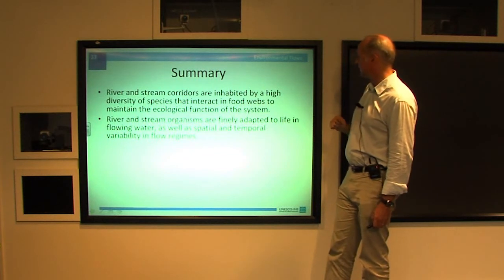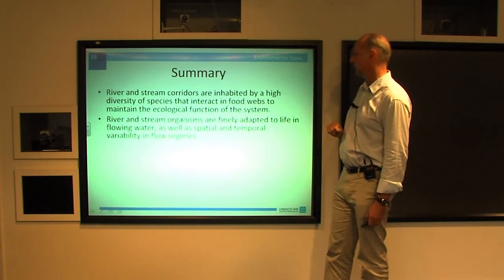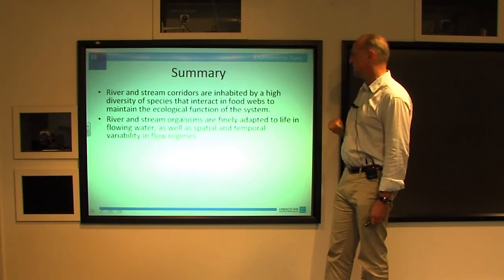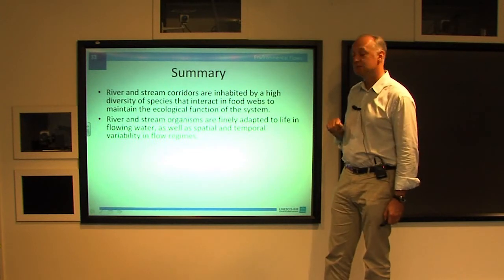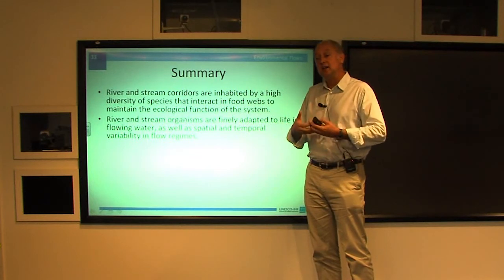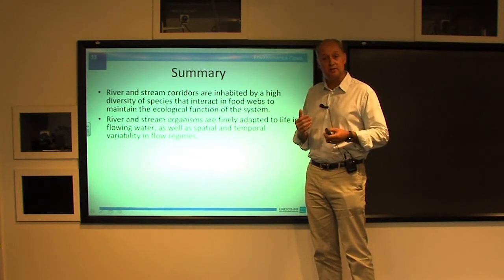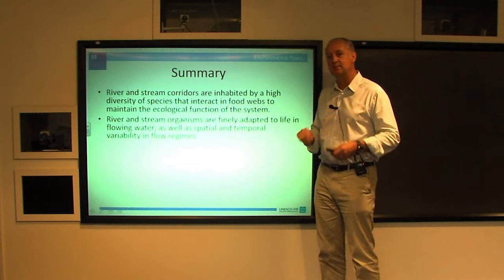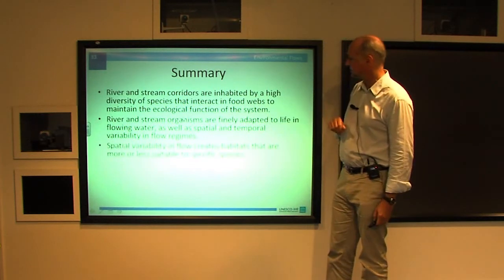River and stream organisms are finely adapted to life in flowing water, as well as spatial and temporal variability in flow regimes. And a given flow regime will have a specific biotic composition of organisms that are specially adapted to the conditions in that stream.